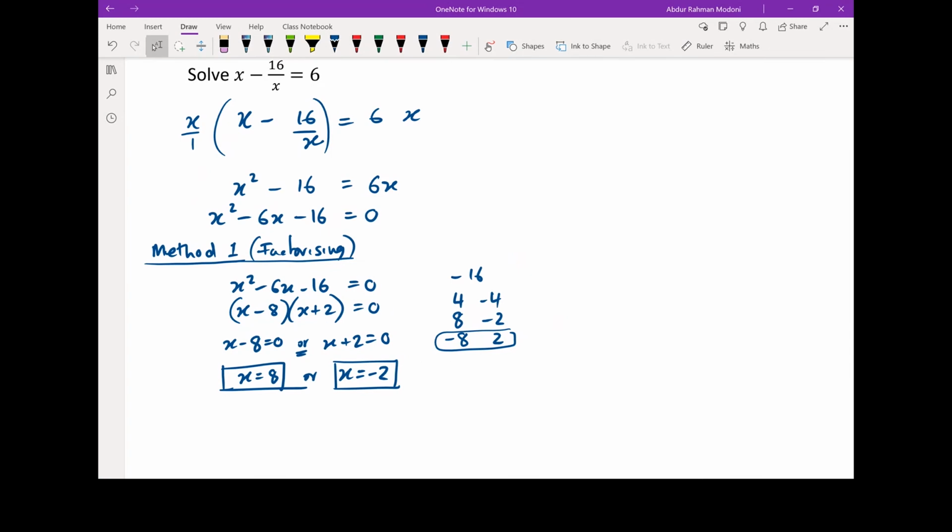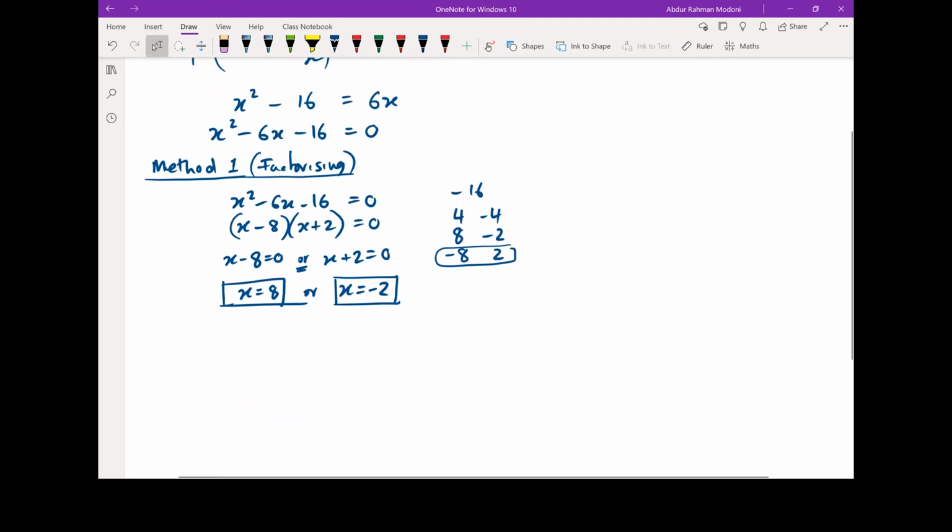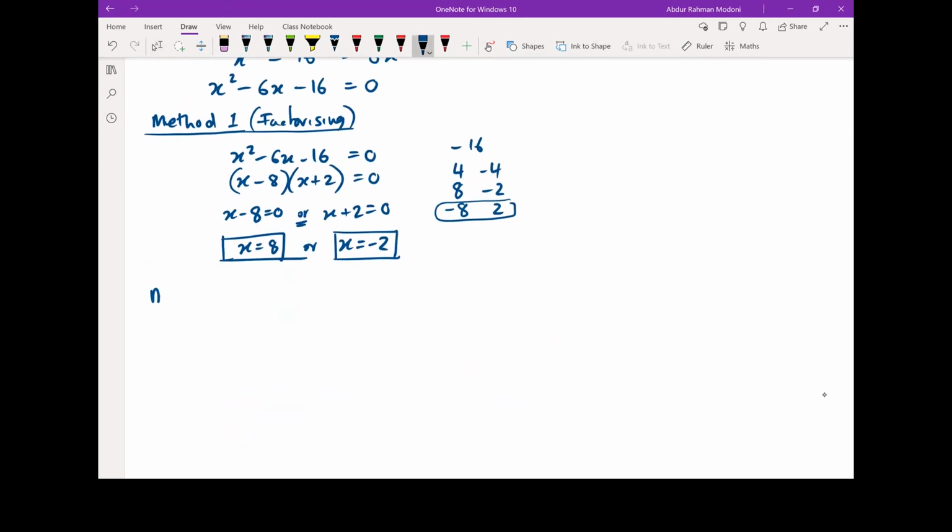If we cannot factorize, then we can use the quadratic formula, which is the second method I'm going to show you. And this is more typically on a calculator exam paper. Method 2, quadratic formula.